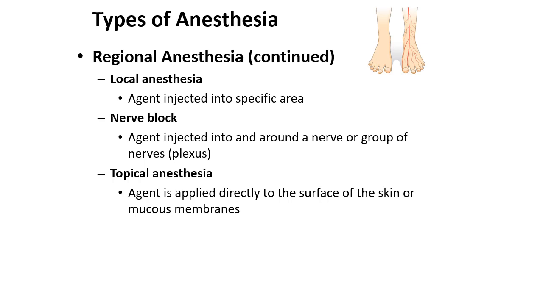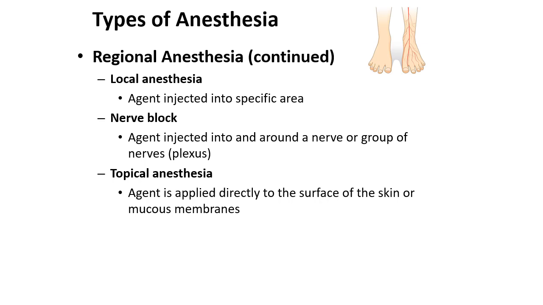You would have local anesthesia. You could just inject that into a very specific area where you're blocking those local nerve sensations, so that we would block that local area of sensation and work on it. You could also do a nerve block, where you inject around a group of nerves to block the group of nerves, so we would block a larger area.